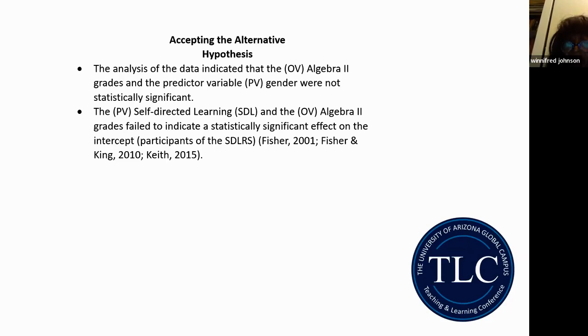The predictor variable self-directed learning and the outcome variable Algebra 2 grades failed to indicate a statistically significant effect on the intercept participant of the self-directed learning readiness scale, based on Fisher and King.